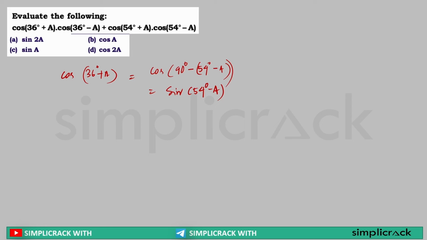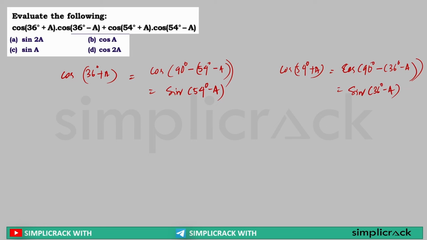Now same thing. In this particular question it is given as cos(54 degree plus a). Cos(54 degree plus a) can also be written as cos(90 degree minus (36 degree minus a)). Now cos(90 degree minus theta) is equal to sine theta, that is sine(36 degree minus a).